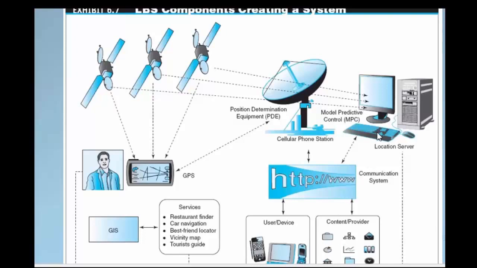There's a communication system, there's a location server, the satellite is going to give information here, positional determination equipment is here, and then the services for this global information system are restaurant finder, car navigation, best friend locator, vicinity map, tourist guide.